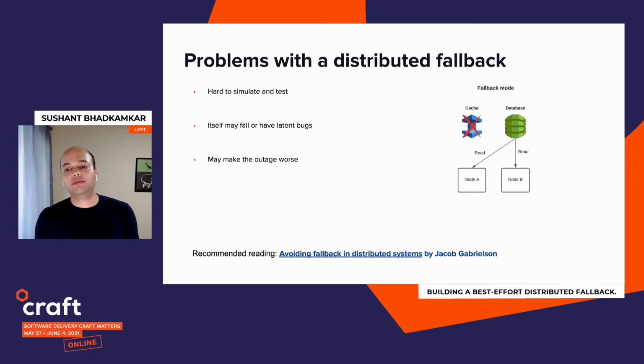What happens if reads from certain paths, certain nodes fail, but some of them succeed? Does that lead to an inconsistent state within your application? It can be a little tricky to simulate and test all of this.